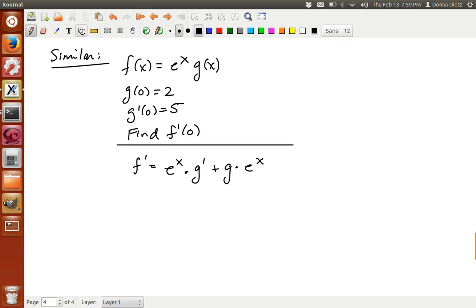And we want to find f prime of 0, so e to the 0 times g prime of 0 plus g of 0 times e to the 0. E to the 0 is 1. That's not too bad. G prime of 0 is 5. And g of 0 is 2. So that answer is just 7. Alright? Another one.